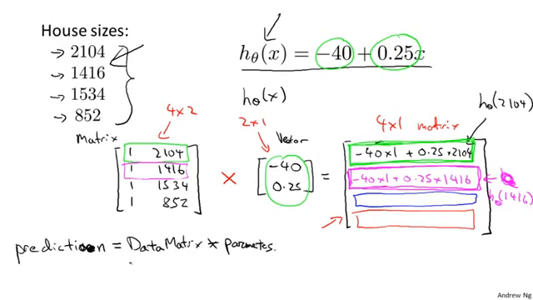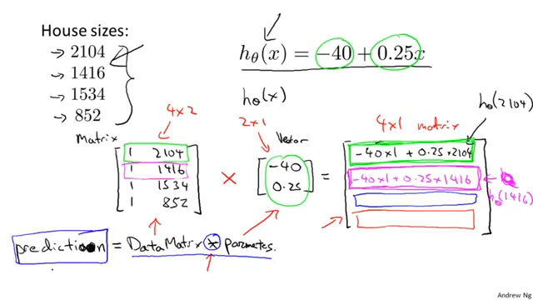Where data matrix is this thing here, parameters is this thing here, and this times is a matrix vector multiplication. If you just implement this one line of code, assuming you have an appropriate library to do matrix vector multiplication, then prediction becomes this 4x1 dimensional vector on the right that gives you all the predicted prices.